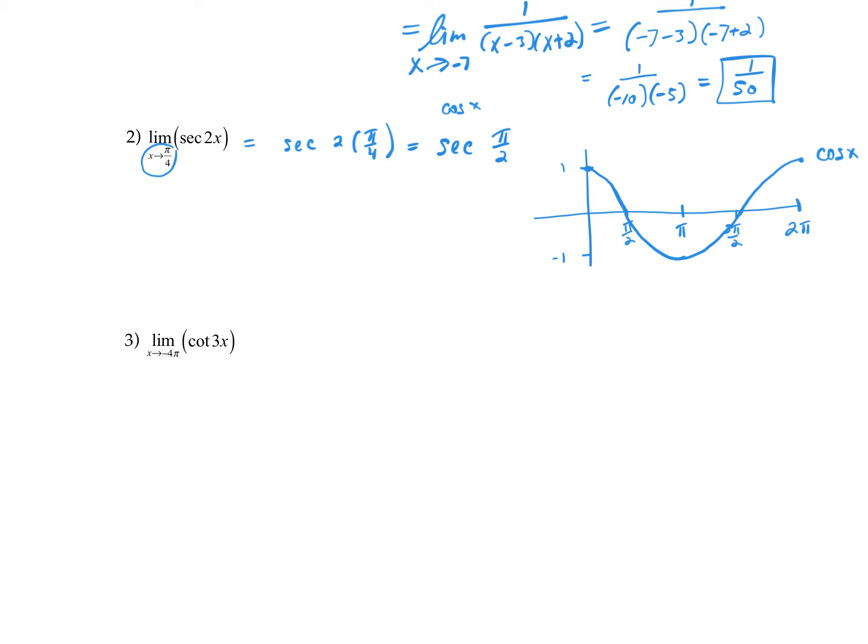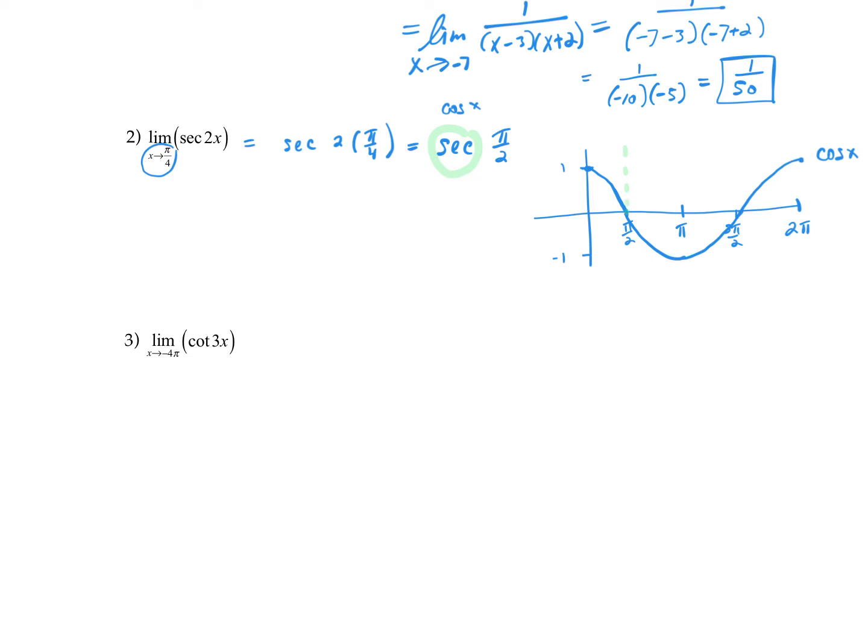Now I'm graphing this first to help you graph the secant function, the reciprocal. Okay, so secant, again, is going to be the reciprocal of cosine. The first thing that you should do is take a look at the graph of cosine, and look for where cosine is equal to 0.